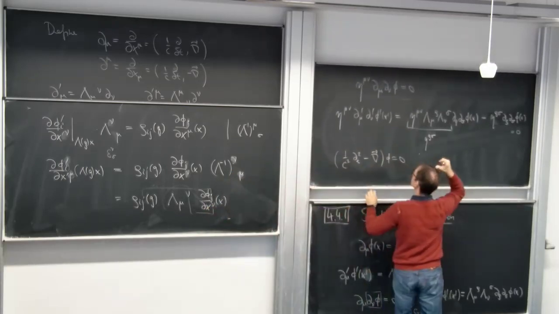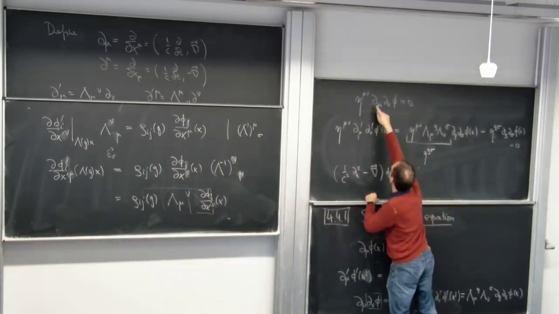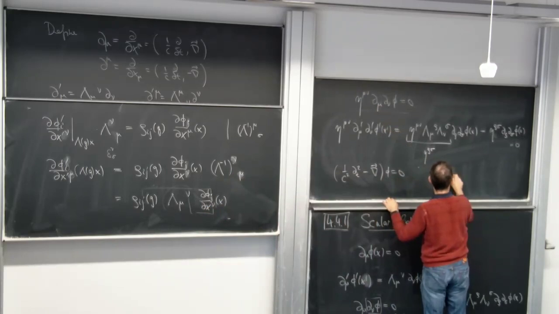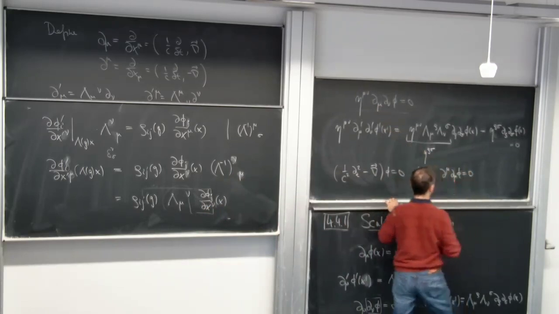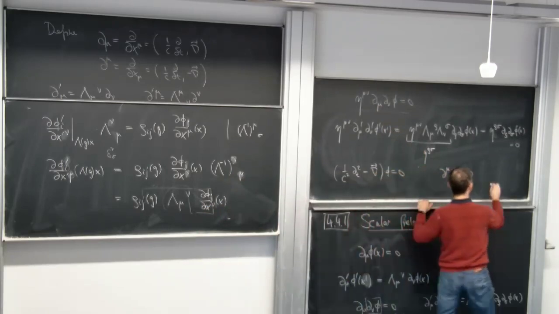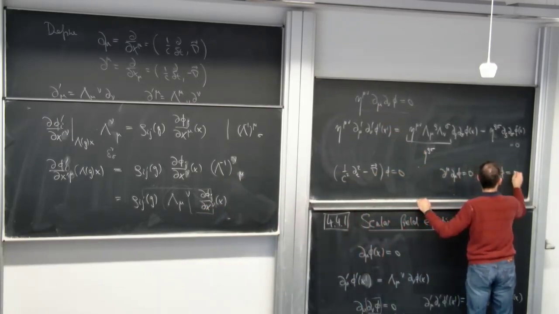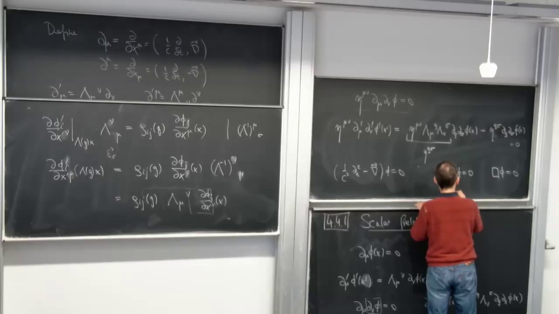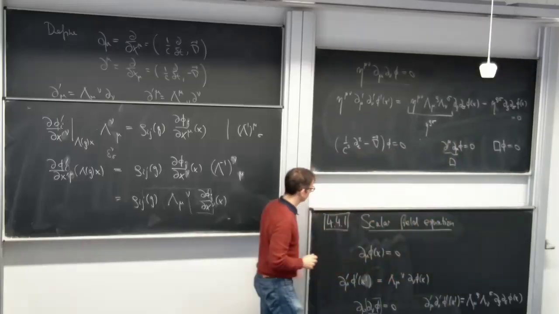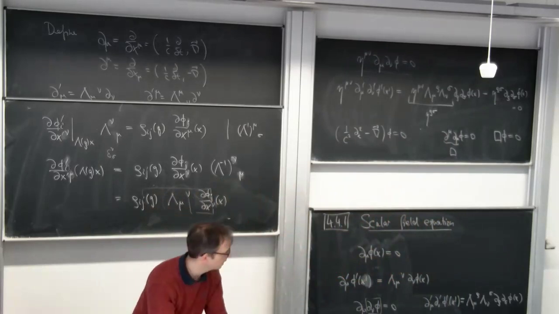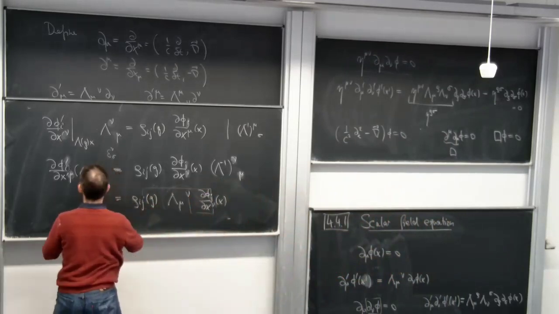So you can write this by pulling up the index on the first derivative, a little bit more compact like this, or by definition, we can call this box. This is box. We had box before, but only in 1+1 dimensions. Now, if you see it, it's this guy.